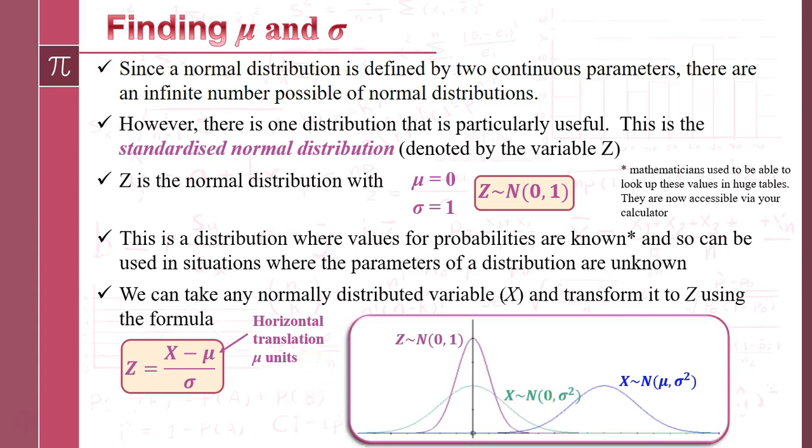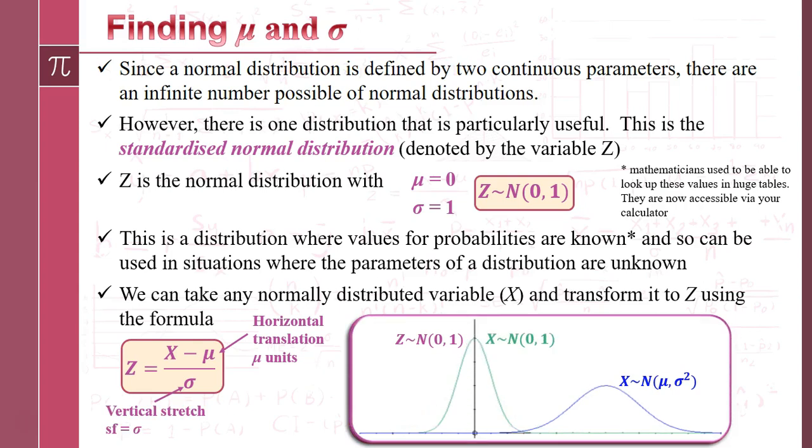Then we've got to do a stretch, a horizontal stretch, by dividing by sigma. And what we've done there is transformed our curve from here, this blue curve, to now this green one, which is on top of Z. That's what's going on. Nobody's ever really going to check too much that you know precisely what's happening, and to be fair, that explanation was a little bit simplified, but hopefully you get the idea.